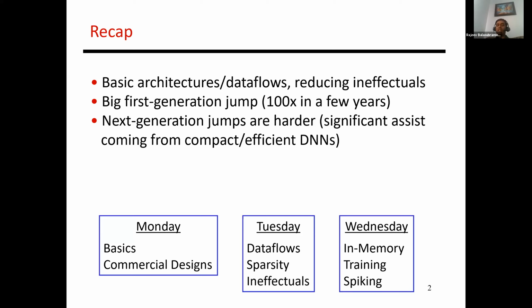And then in yesterday's lecture, I focused on what you might do to improve efficiency of these initial accelerators. We had a discussion of data flows, and we covered 4 or 5 different data flows, including the ones that already are commercial and the ones that have been published in research papers.